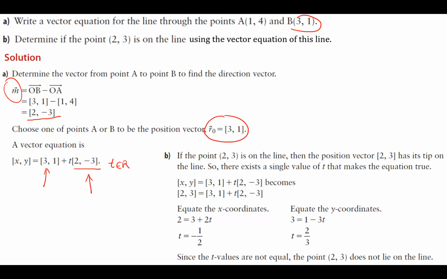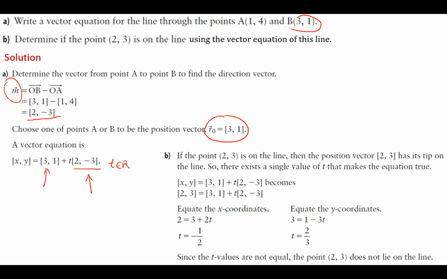That becomes 2, 3 equals 3, 1 plus t times 2, -3. So we can equate the x coordinates as follows. 2 equals 3 plus 2t, which gives us t equals -1/2. And also equate the y coordinates. 3 equals 1 minus 3t, which gives us t equals 2/3.